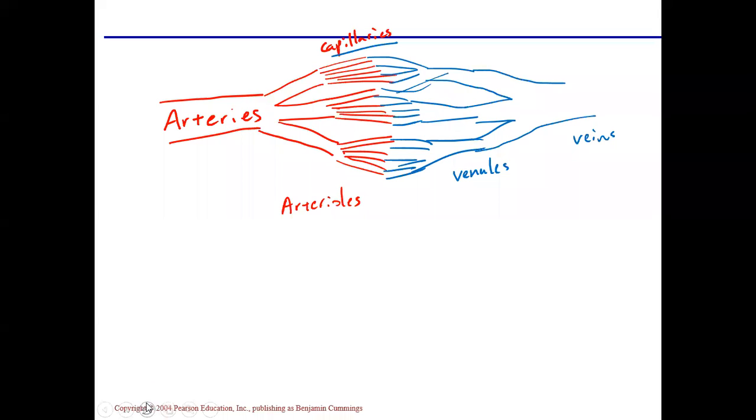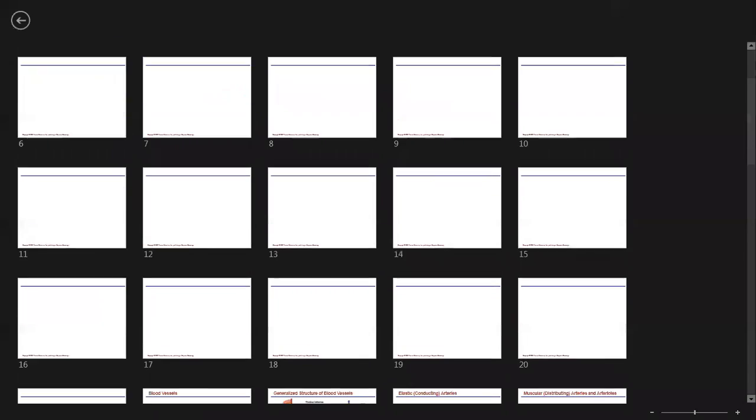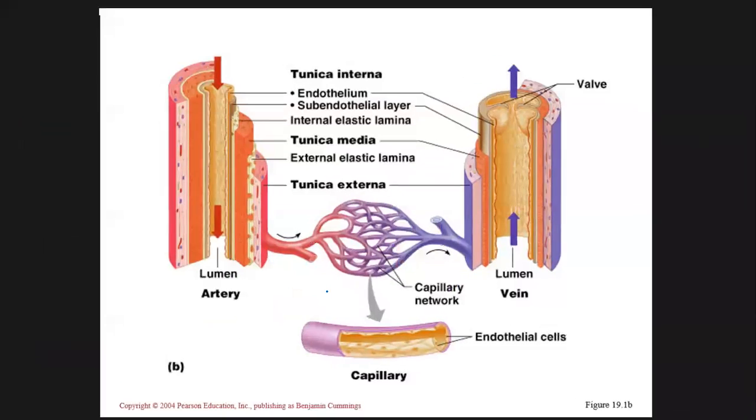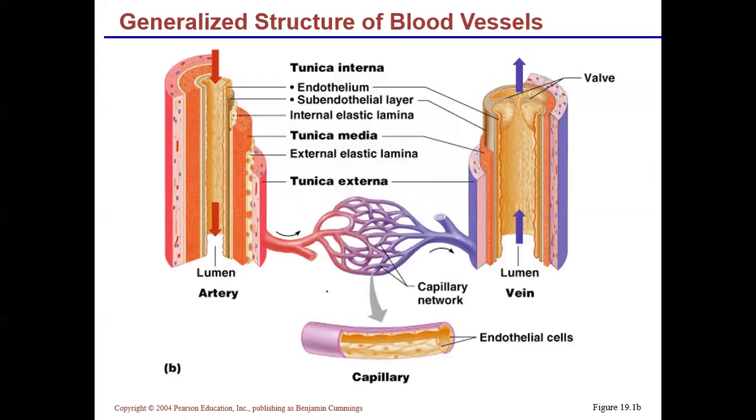If we take a look at arteries, capillaries, and veins, which is demonstrated in this picture, it may not be a bad idea to draw a heart right in here, okay? And the arrow is showing you the direction of the flow of the blood.